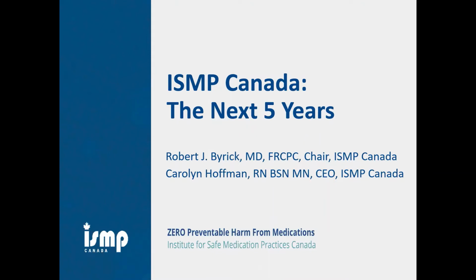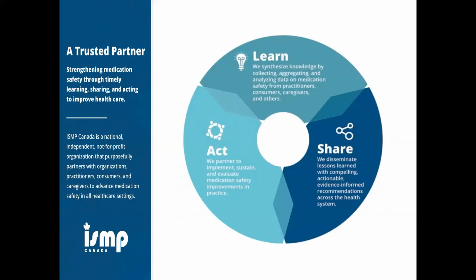Our board recently approved a new strategic plan to provide direction in achieving our vision of zero preventable harm from medication. This plan is clearly aspirational. The plan is based on the cycle of learning, sharing, and action. We learn from reported errors, collecting and analyzing reports from many venues, including hospitals, long-term care homes, practitioners, consumers, and community pharmacies, as well as patients, the public.